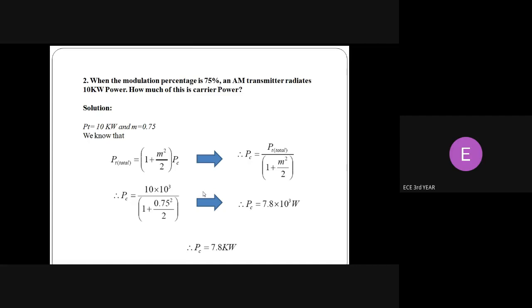Solution. PT is equal to 10 kilowatt. The total power of the modulated signal is 10 kilowatt and the modulation index is 0.75. With this modulation index we can get back some values.